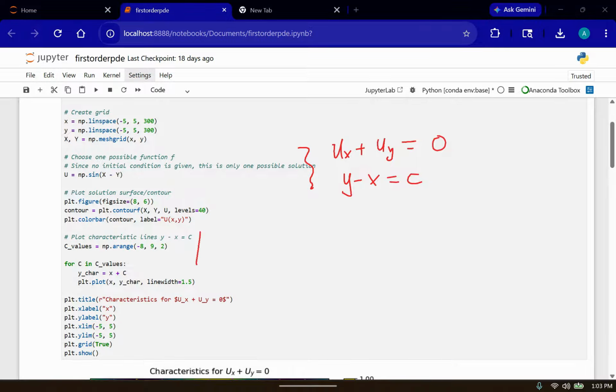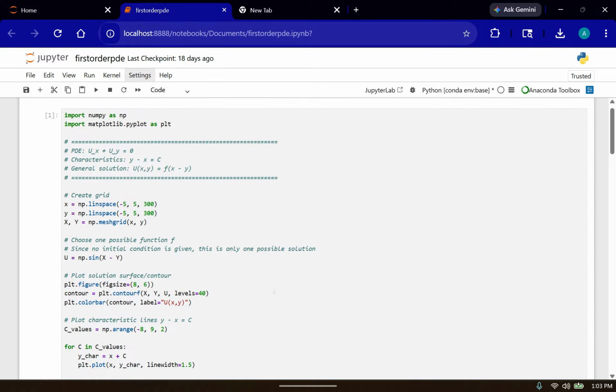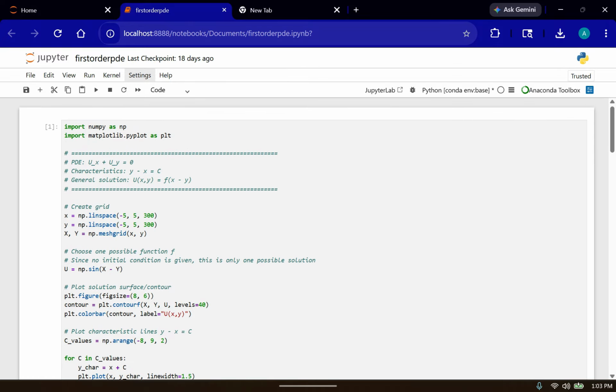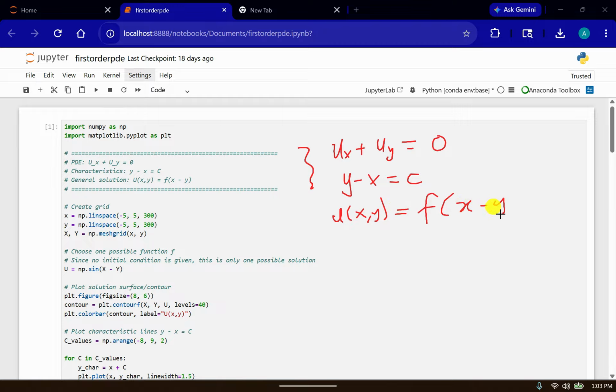because we solved this, sorry, let me clean this one. So after solving this, we actually get the solution u of x, y to be equal to some function of x minus y.